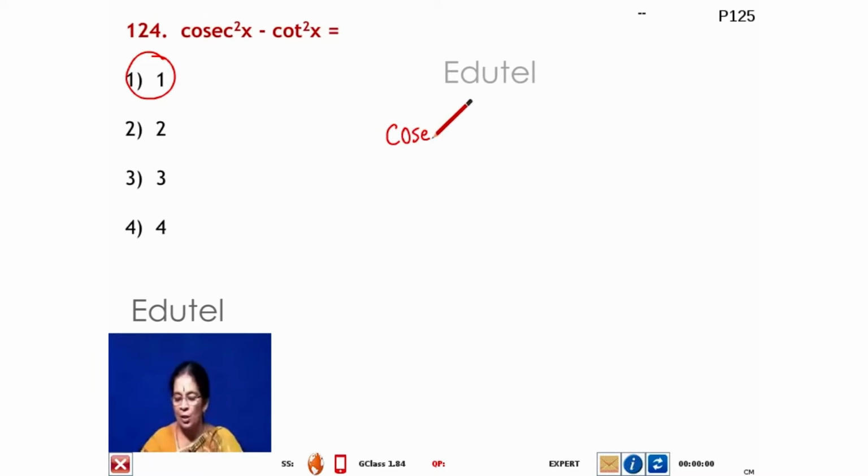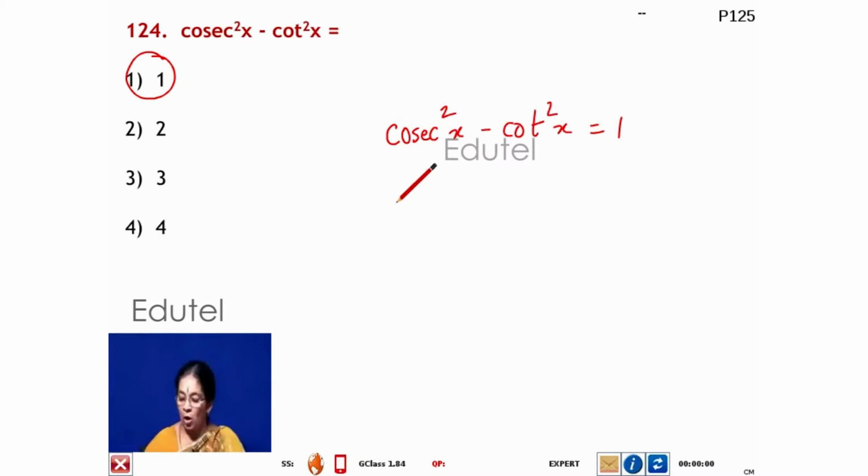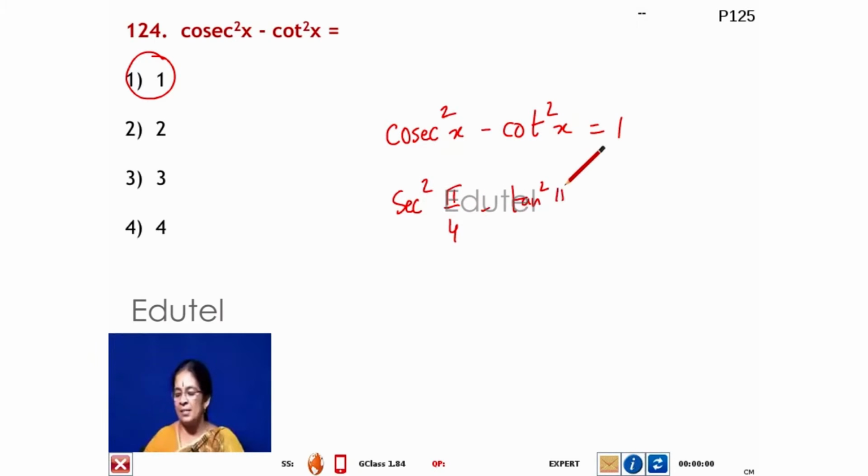You can write cosecant square x minus cot square x equal to 1, or secant square pi by 4 minus tan square pi by 4 equal to 1. If simply you write the questions and answers like this, that is enough.